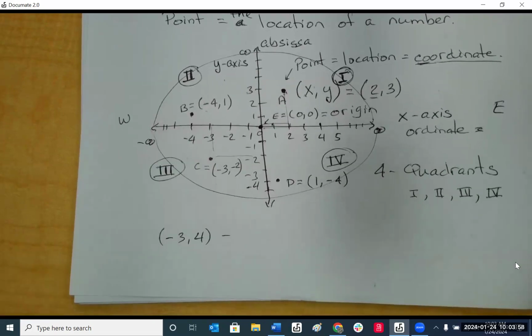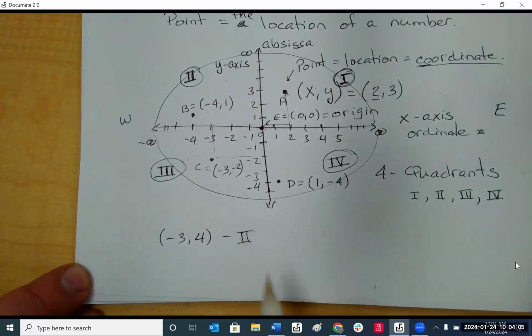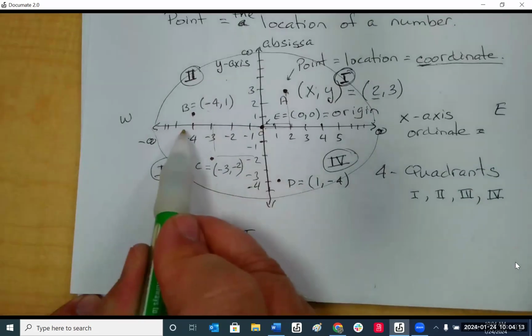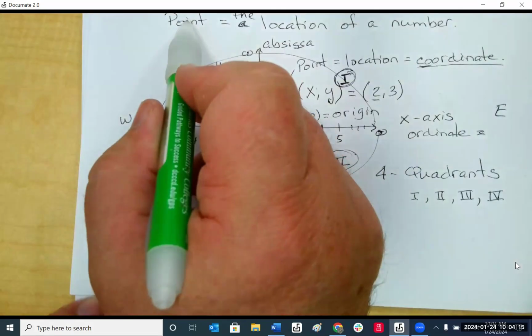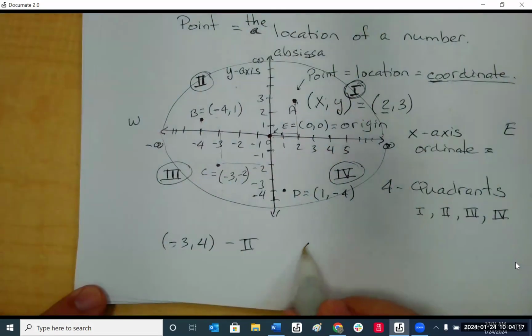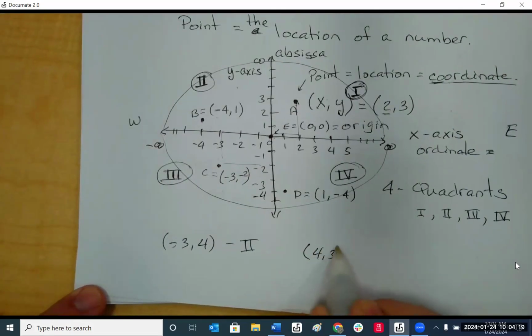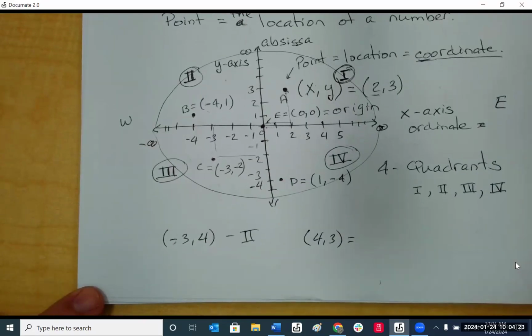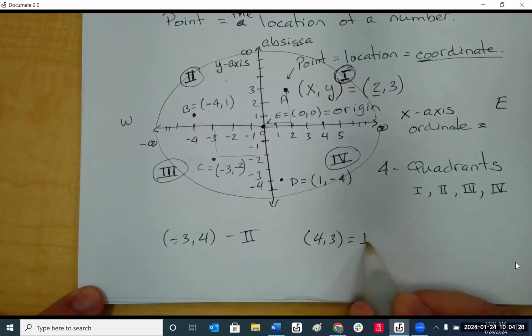What quadrant is that one in? Why is it 2? Because this one's negative. Is negative left or right? Left. So it goes left, and then positive goes up. How about 4, 3? So which quadrant? Yeah.